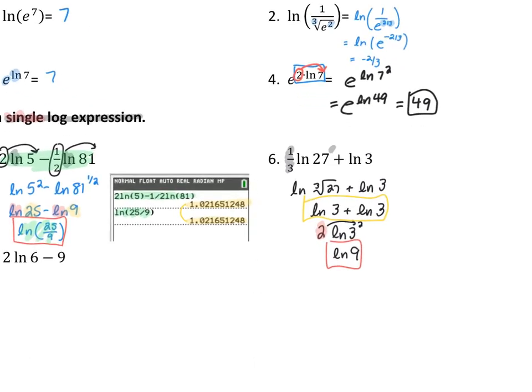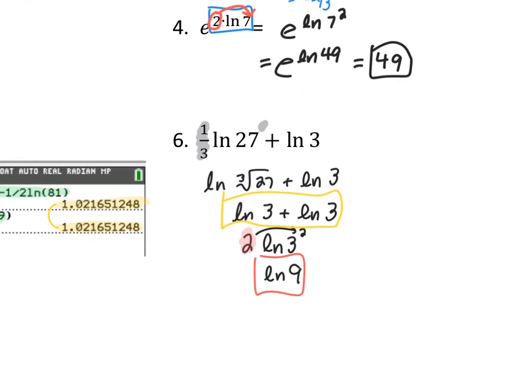So I could apply that at this moment on question number 6 here. If I take natural log of 3 plus natural log of 3, since they are both natural logs, I can just multiply my 3 times 3, and I could arrive at that natural log of 9 that way as well. So the way that you do it doesn't really matter. You can see we ended up with the same answer either way. I just wanted to hit as many properties as I could.